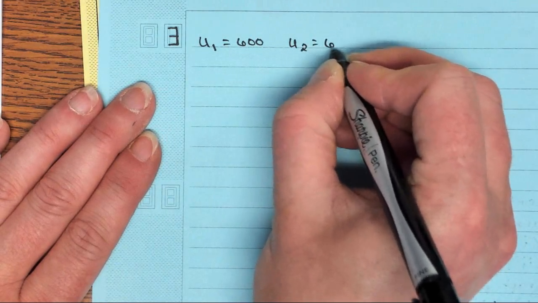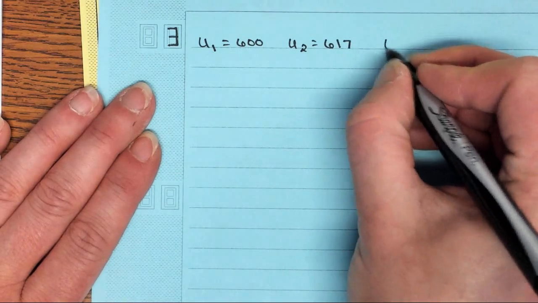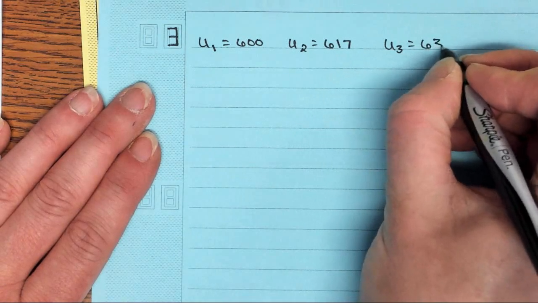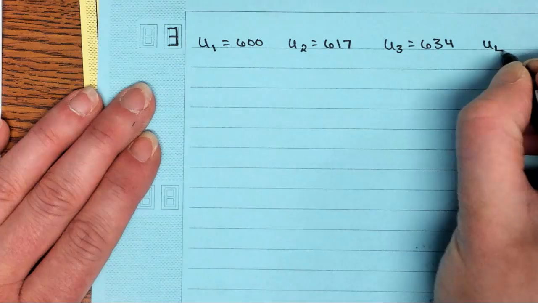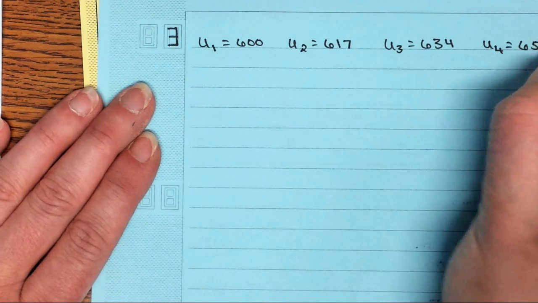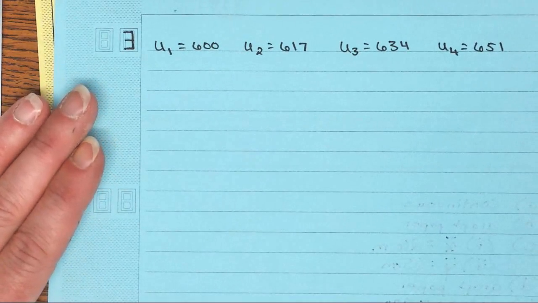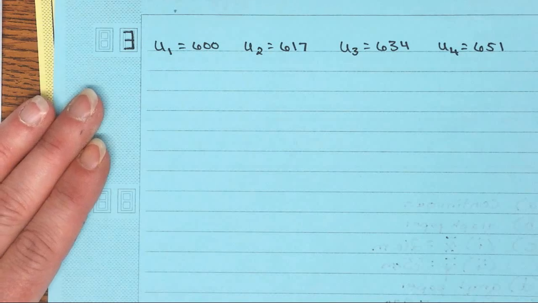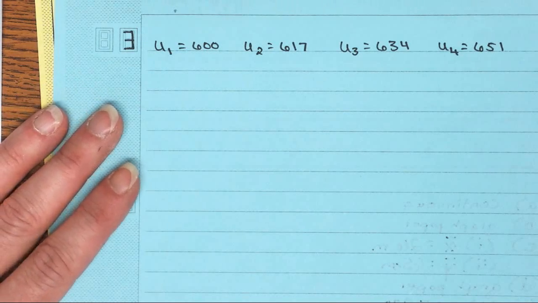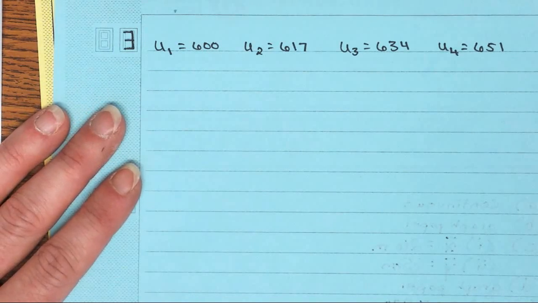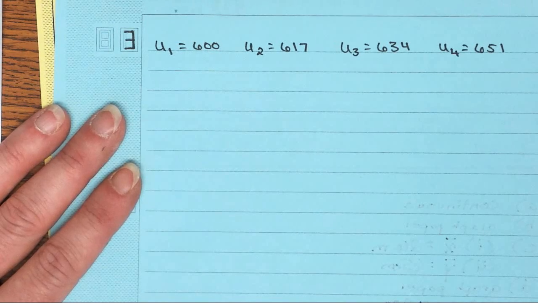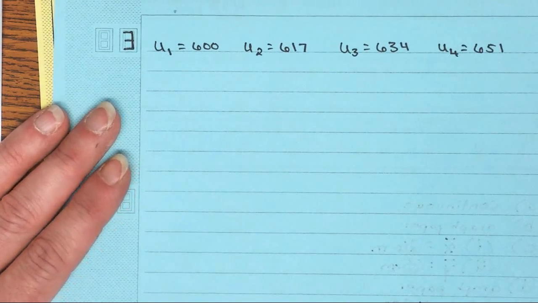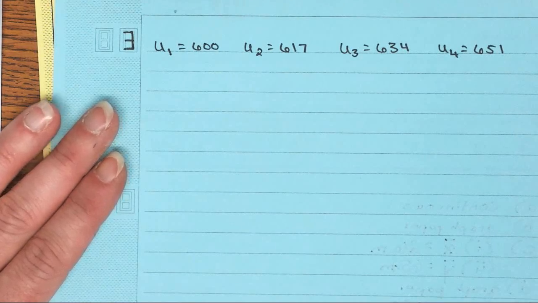The next term is 617. The next term is 634. And the next term is 651. What's happening each time? But how's it getting bigger? It's 17. How is 17 changing it? Okay, we're adding 17 each time.